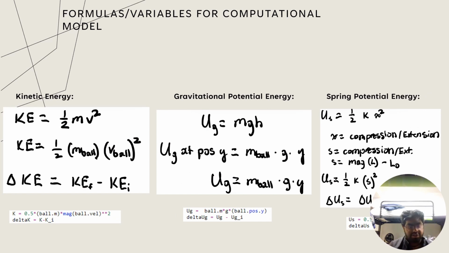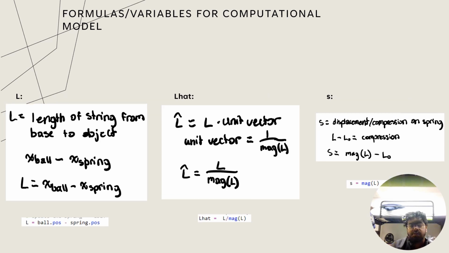Here are some of the energy formulas. We have kinetic energy, 1/2 mv squared. Gravitational potential energy, U equals mgh, where h would be the position of the ball, and spring potential energy, which would be 1/2 kx squared, where x is the compression. L is the length of the spring in terms of where it is at the moment.